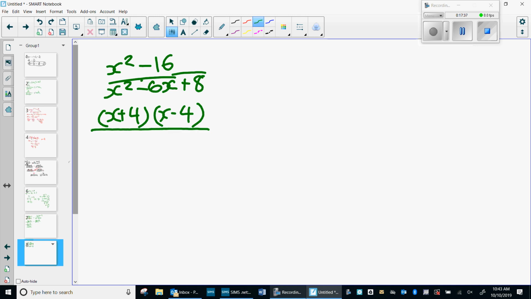And then we would factorize the bottom now, and that would also be two brackets, and it's also x squared. We know that. And then it is, wait, what's the number? 8 and 6x. So a number that has to multiply to get 8 and add to get negative 6x.